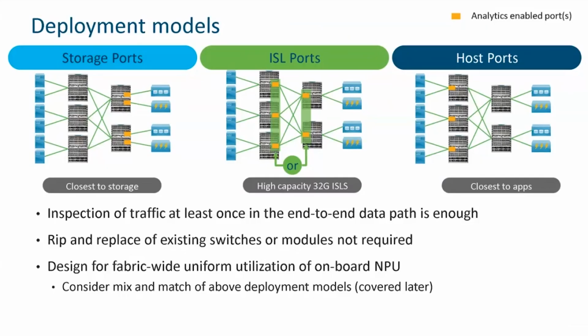I don't really have to buy a new switch or all 40 new modules, and I can still use the analytics capability, right? So that's the value here. Also, some customers may use high-speed ISLs too, or we can have it on host ports.